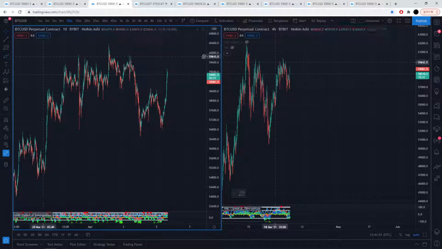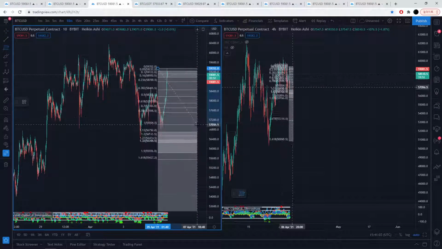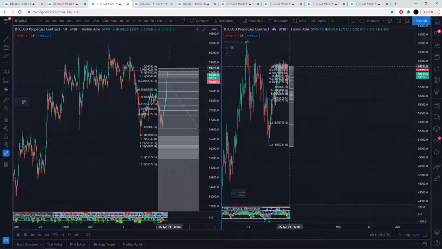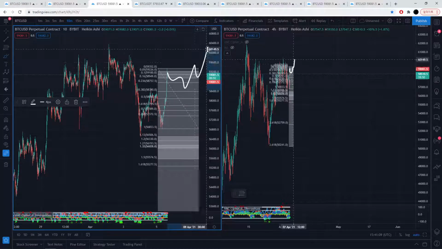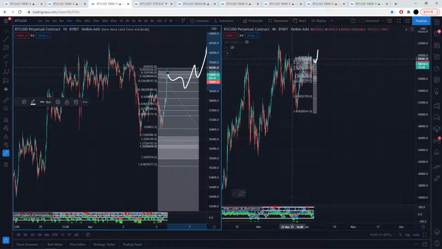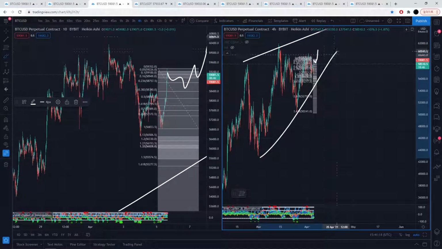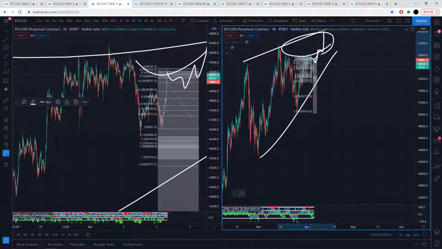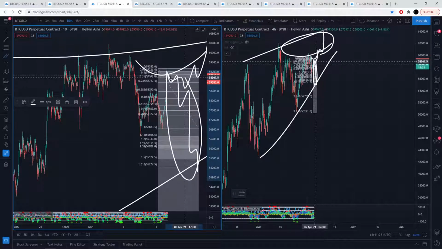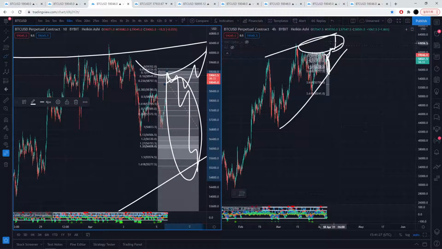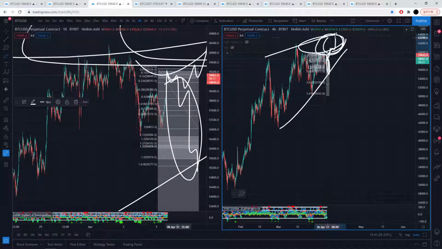After the correction here, if there is another impulse going upward, then you can expect a final move upward to finish the ending diagonal. But if it starts going down, creating wave C, that means we have to skip this part.